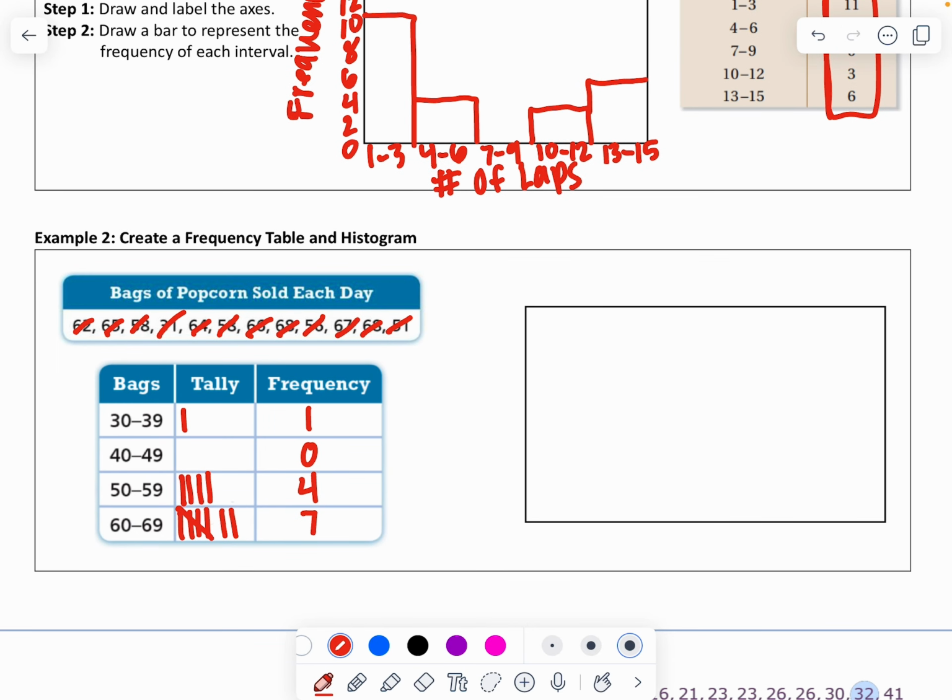So I'm going to title it popcorn. And then over on the left, it's always going to be frequency, while our x-axis should be bags of popcorn sold each day.